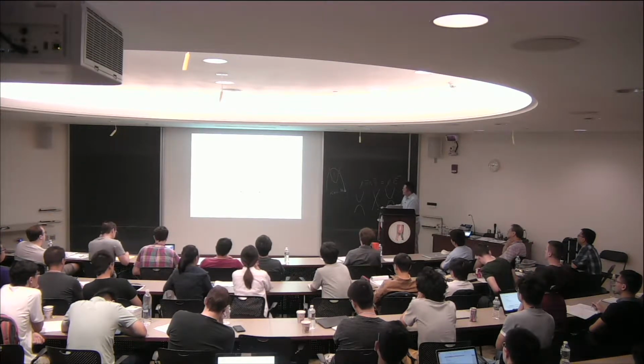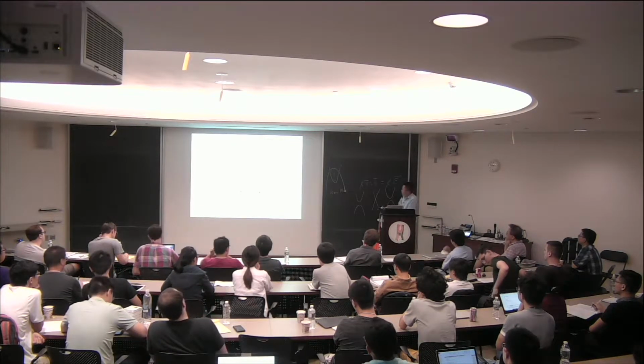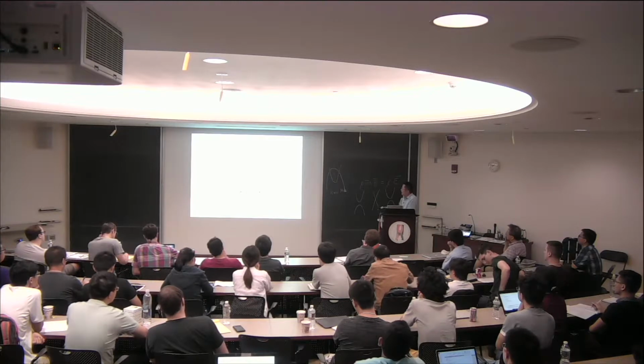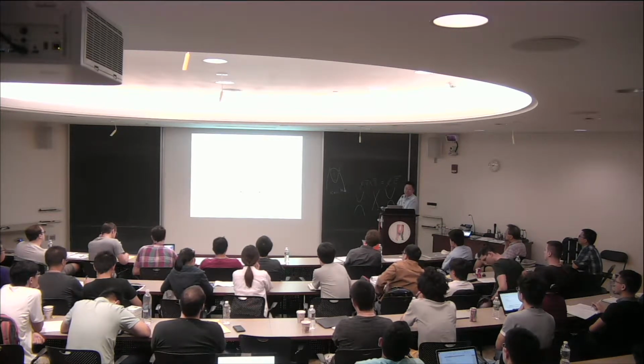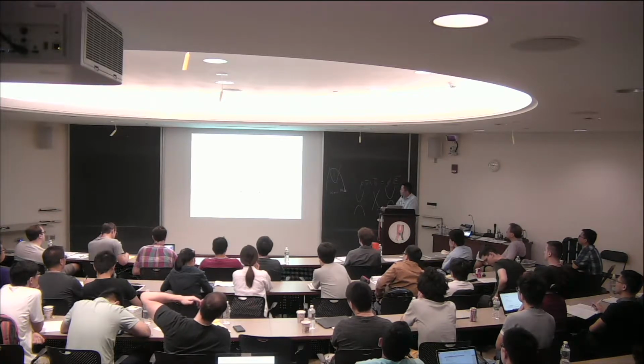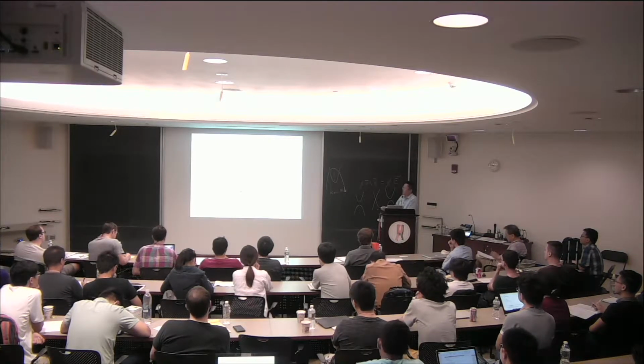So in this aspect, it's closer to the Kane-Mele model. On the other hand, these Dirac points are still relatively close to the gamma point in the Brillouin zone. So one can build a full model which is expanded in the vicinity of the gamma point.